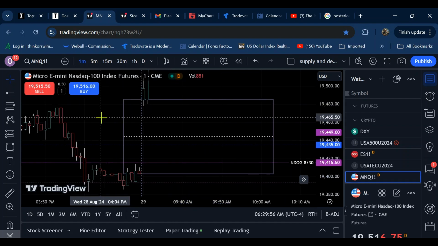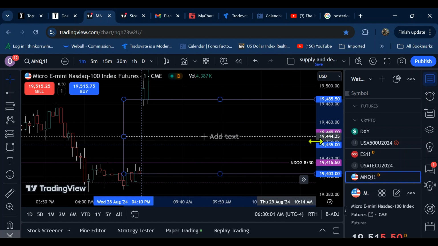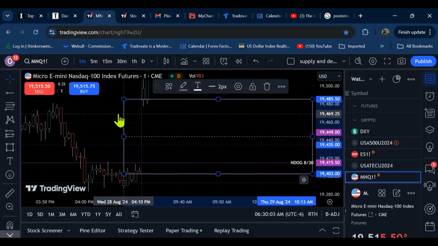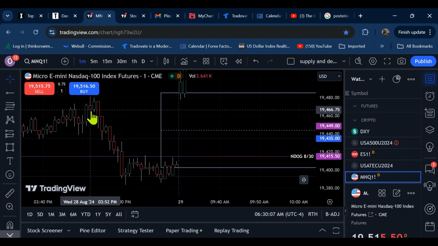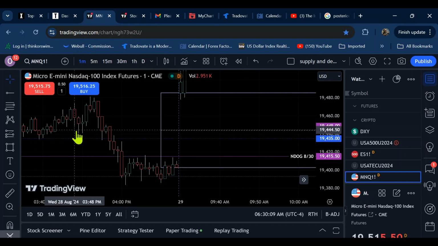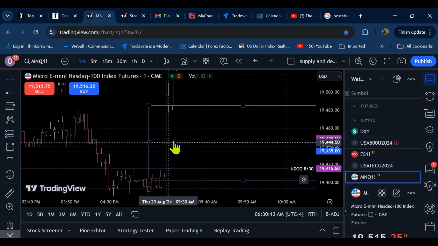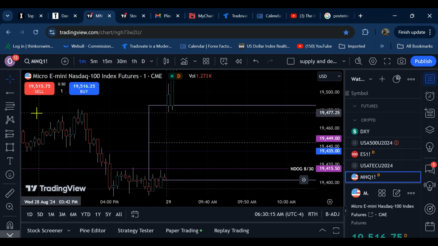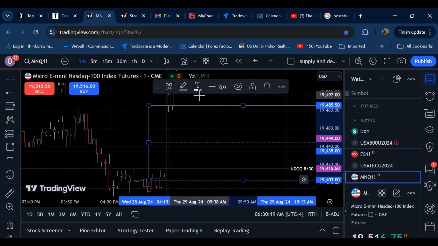And the algorithm, because it's a computer program, is going to refer to the previous New York session for its anchor points. So having this highlighted on your chart is very important. I'm going to make it a different color on the interior so we can kind of see what's going on.